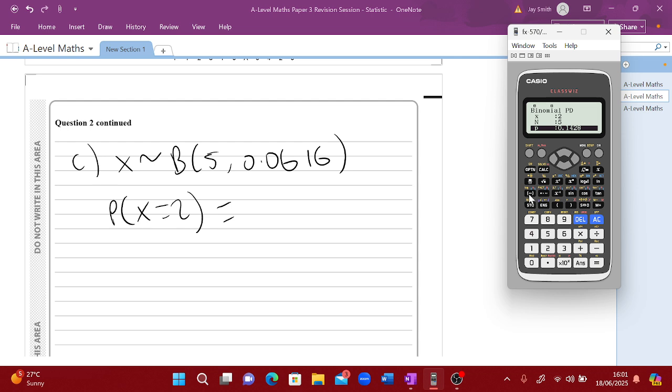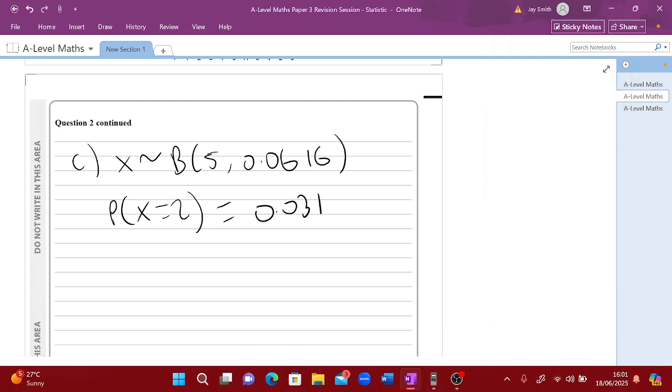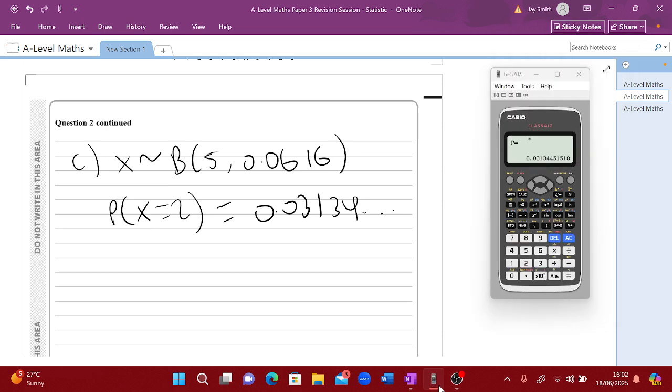There we are. That's our probability exactly. So P is going to be 0.03134..., cool, and there we are.